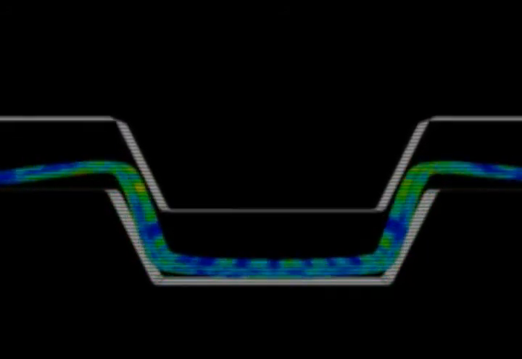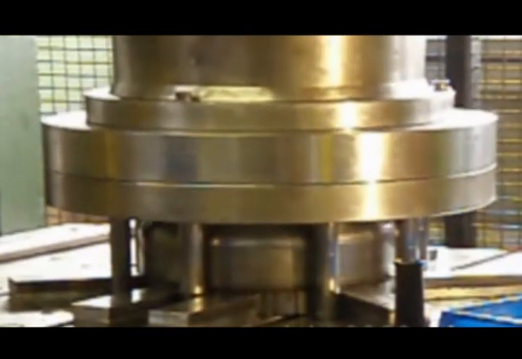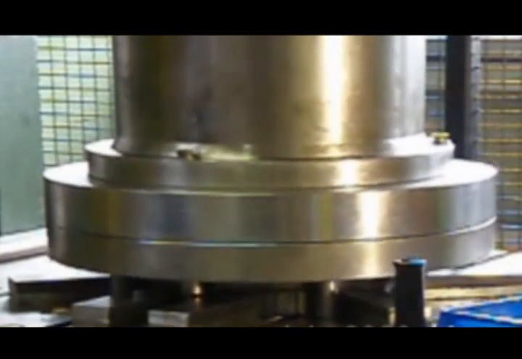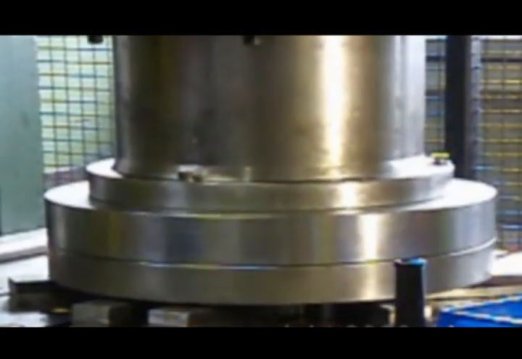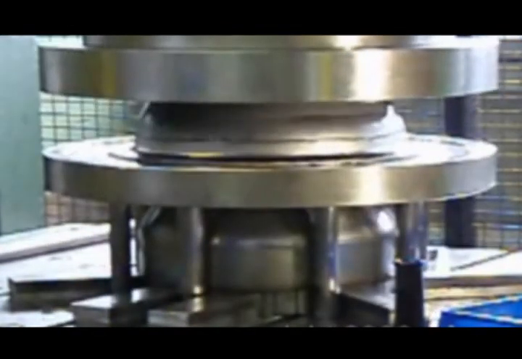Look at this video. It is one of the short videos to show you the details of the cup forming process. This cup may be a round one, it may be a rectangular one, and it may be of triangular shape as well. So this one gives you a feel of how the process takes place.